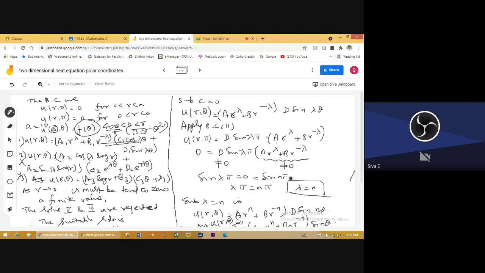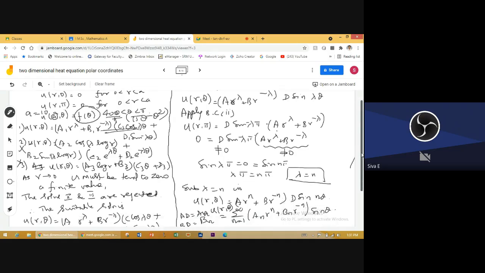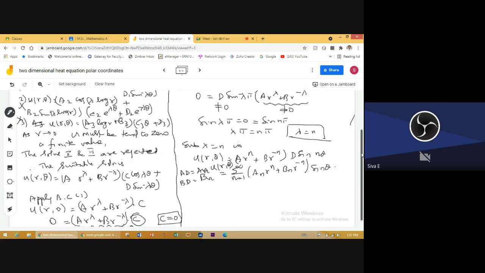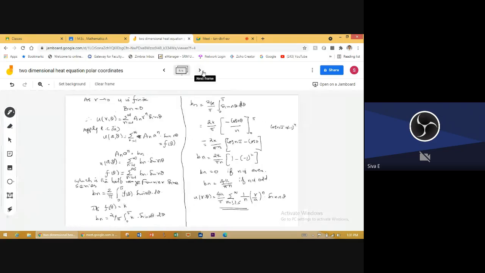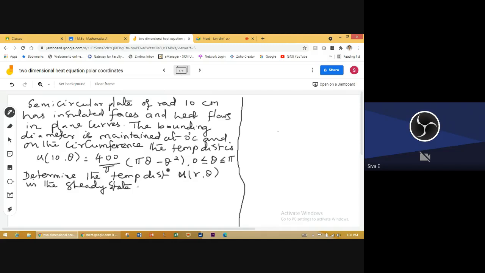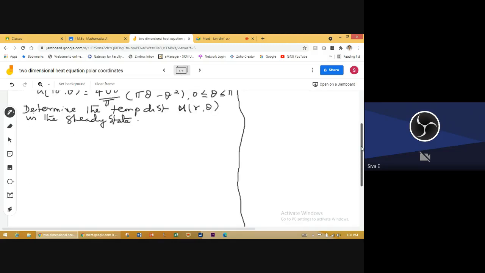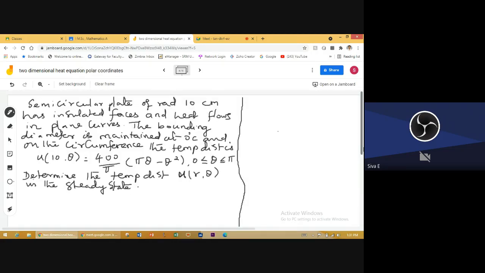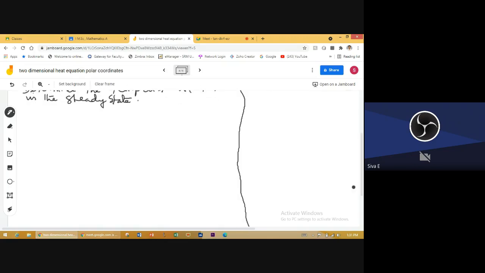Up to what step do you have to write? After applying boundary condition 2, you get the solution. First, step 1 is to write the boundary conditions.